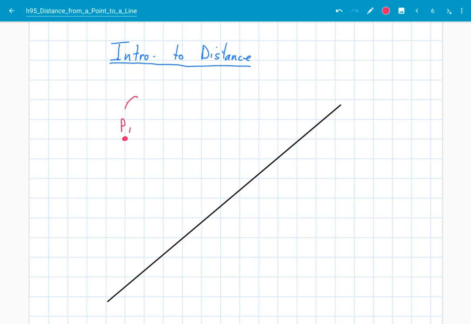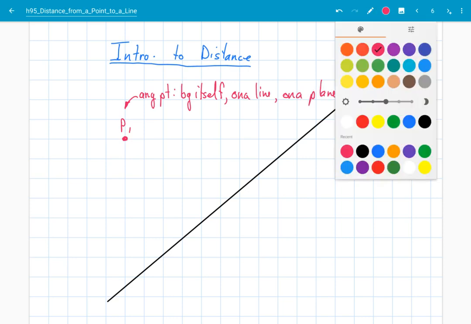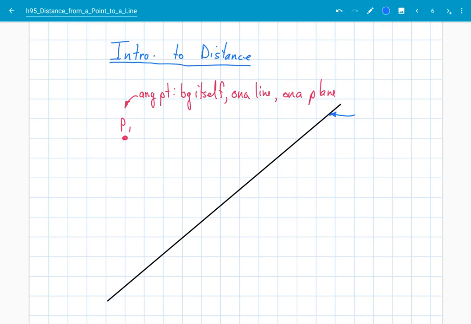So this is any point. Could be by itself. It could be on a line or on a plane. Okay. And we have a line or plane, 2 space or 3. Of course, planes in 3 space.